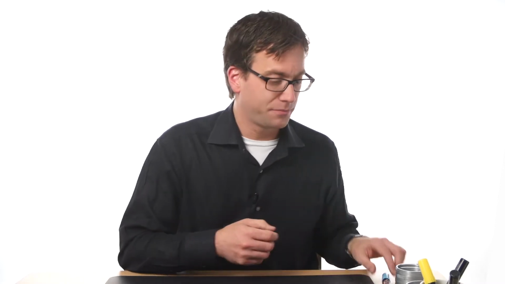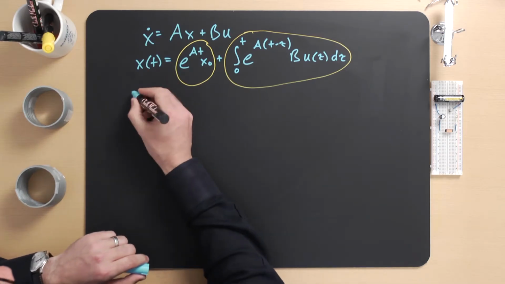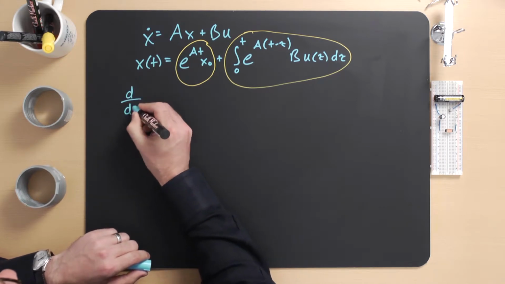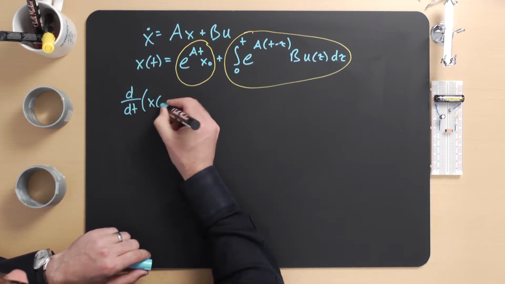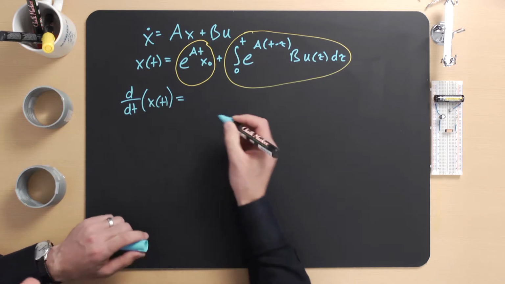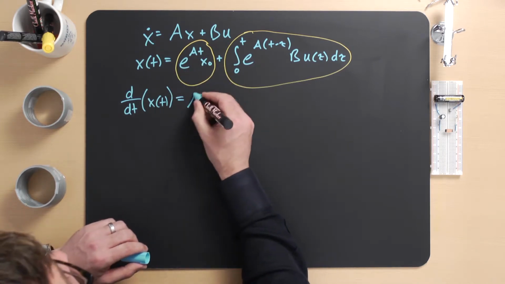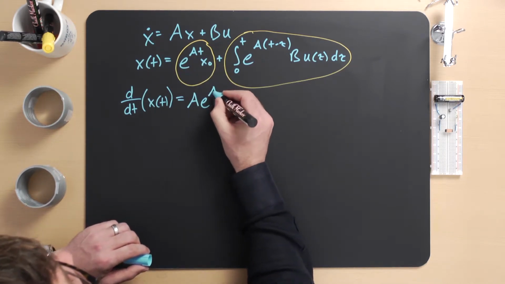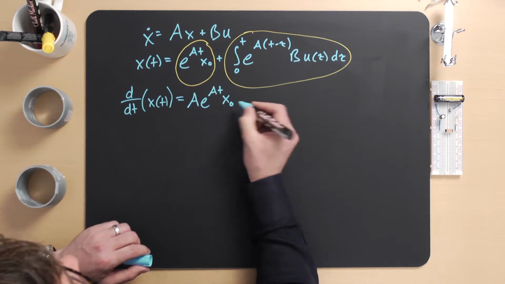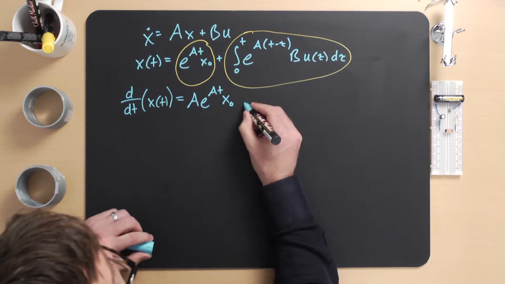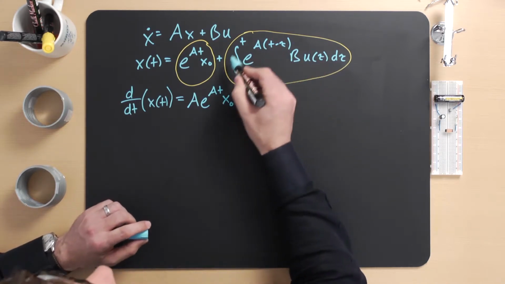How should we confirm that the convolution equation is actually a solution to the ODE? We simply plug it in and show that the time derivative is equal to ax plus bu. So we get d dt of x of t is equal to the time derivative of this, which is a e to the at x naught, and then plus the time derivative of this.